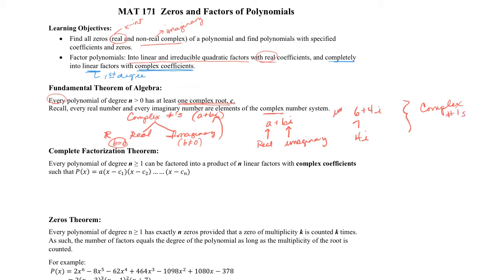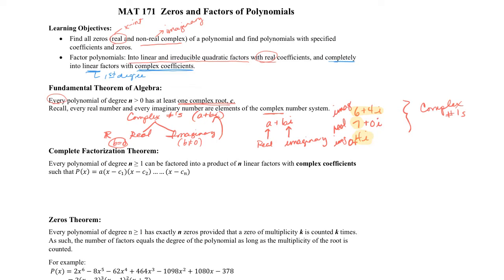The first one is imaginary because it has that imaginary component. 7 is real. If I wanted to write this as a complex number, you could write it as 7 plus 0i. And then 4i is also imaginary, and you could write the real component as 0 plus 4i, which we don't typically do. We write them in the simplified version, which would be 6 plus 4i, 7, and then 4i.